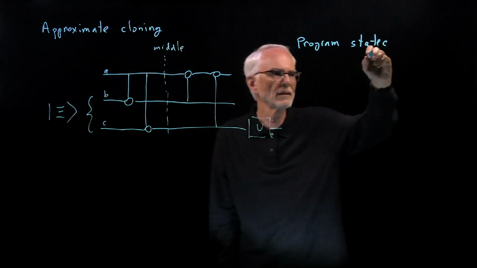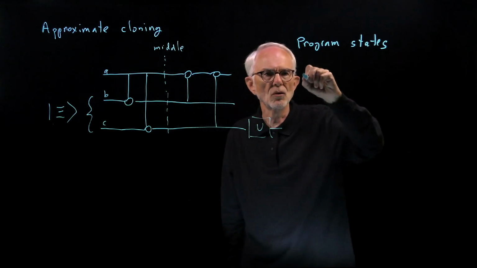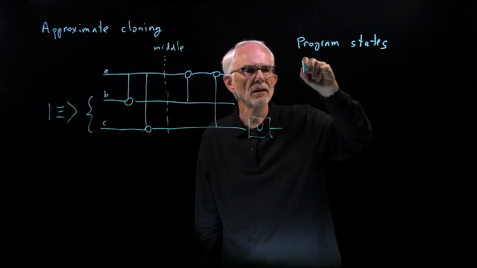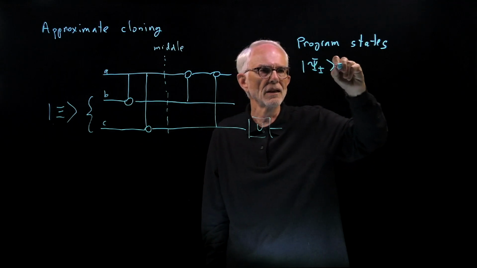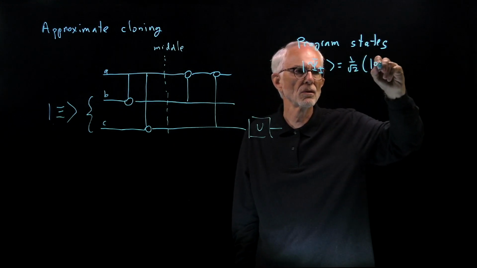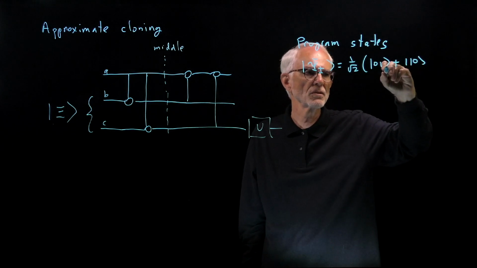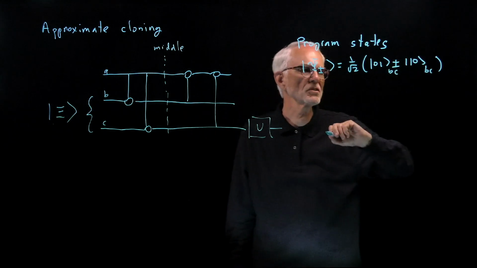We're going to look at states in what's called the Bell basis. So we're going to look at the following 4 program states. I'm going to look at psi, capital Psi plus minus, and that is 1 over square root of 2 times (0, 1 plus 1, 0) BC, plus minus.